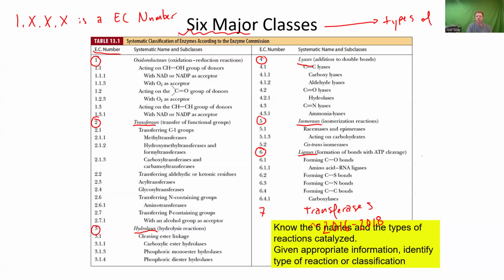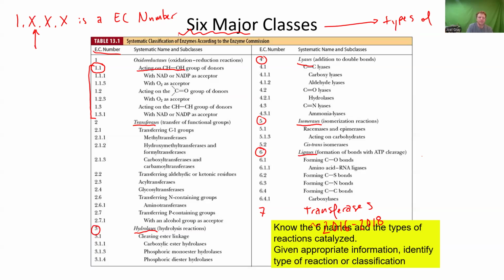Okay, great. Now, the second and third and fourth digits, I don't want you to try to commit those to memory, but what I do want you to know is what their significance is. If the second digit is a 1, well, that is an oxidoreductase that acts on CHOH groups of donors.